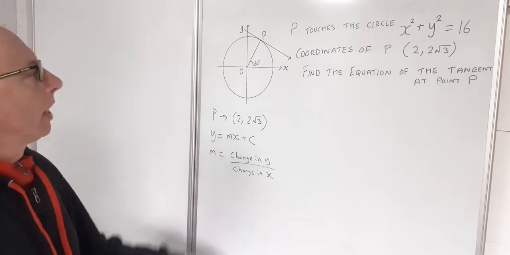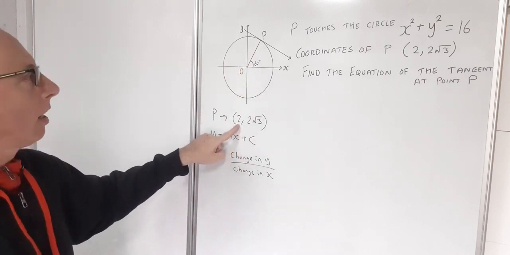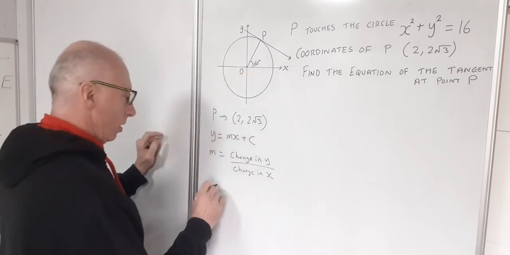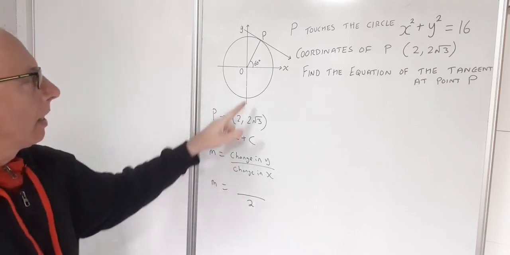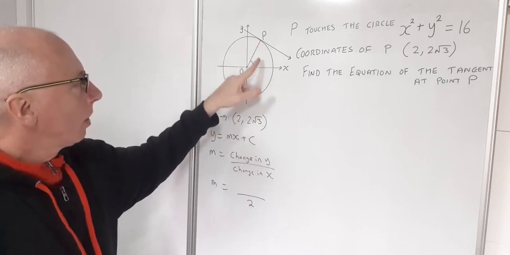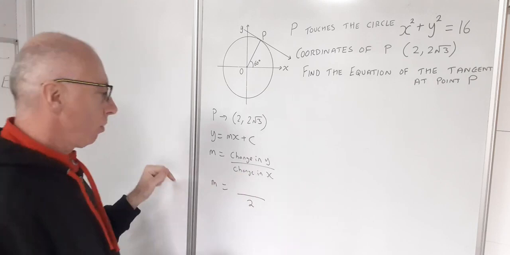Okay. Now if our x value is 2 here, if we go from the origin, the change in x is 2. So therefore m equals something over 2. Now the change in y, the y coordinate is 2 root 3. So this point here is 2 root 3. So therefore the change in y is 2 root 3.